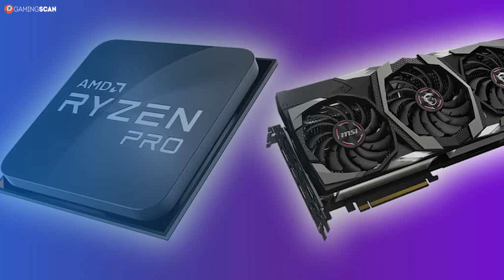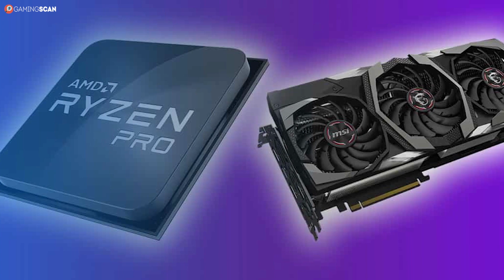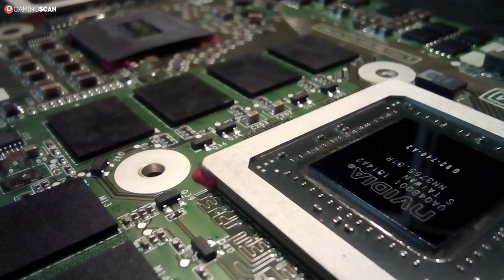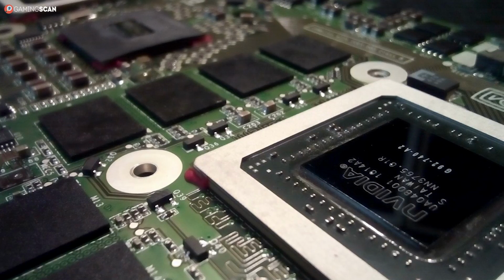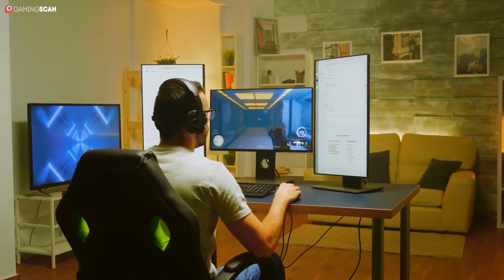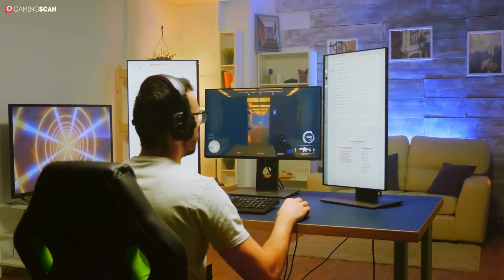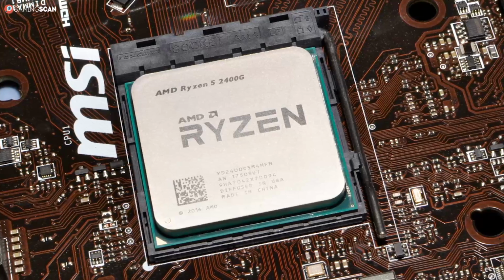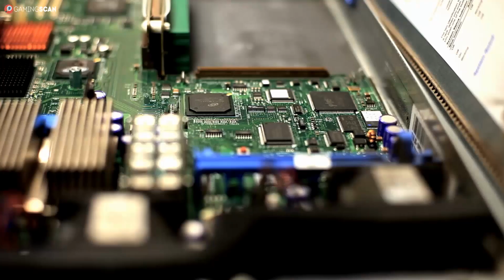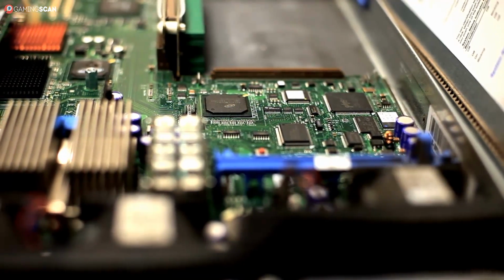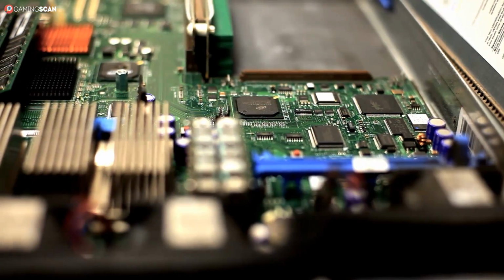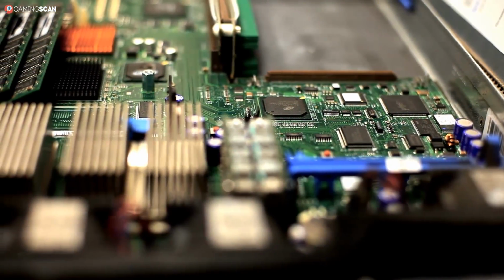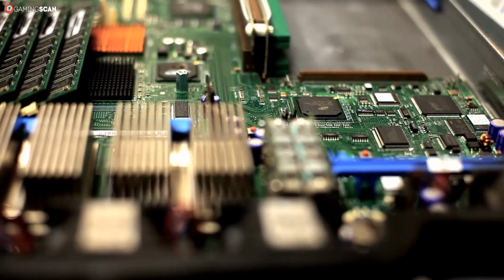A discrete or dedicated graphics card refers to most graphics cards as we know them. This means they're individual components that have all of the things we've mentioned: GPU, video memory, fans, and so on. In this case, the terms discrete and dedicated are wholly synonymous. In most cases, these discrete or dedicated graphics cards are plopped into the PCI Express slot on the motherboard, and that's how they interface with the rest of the computer.